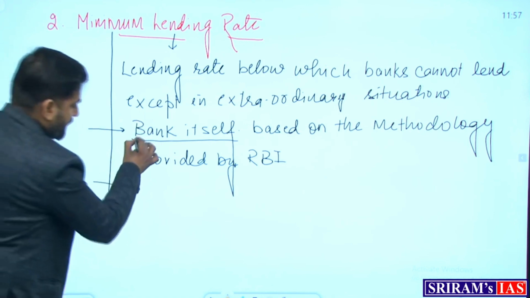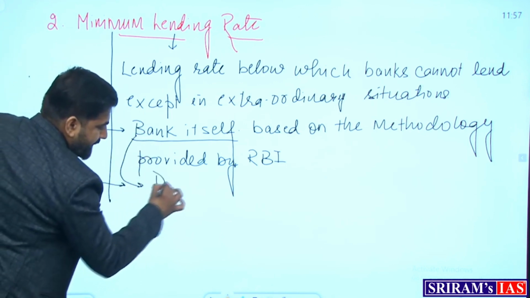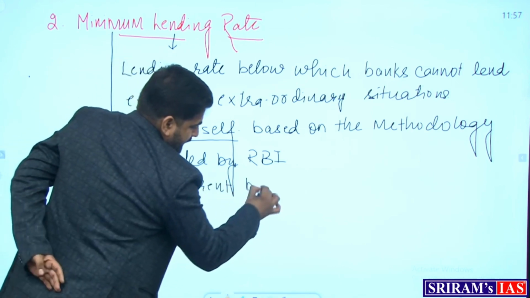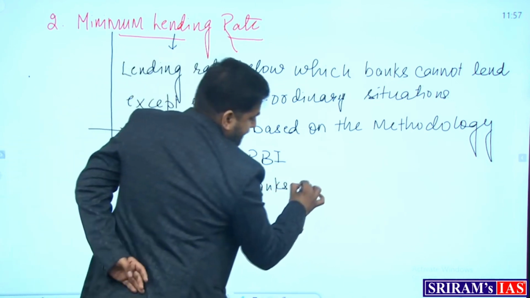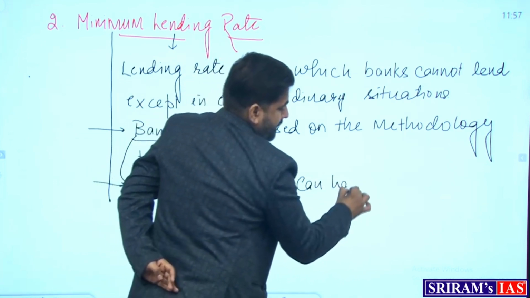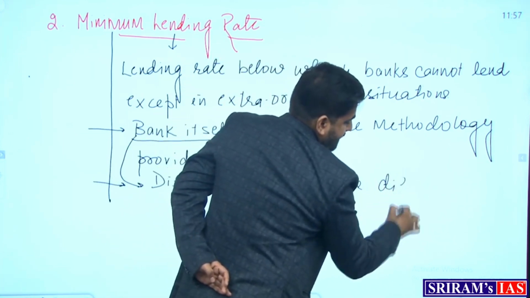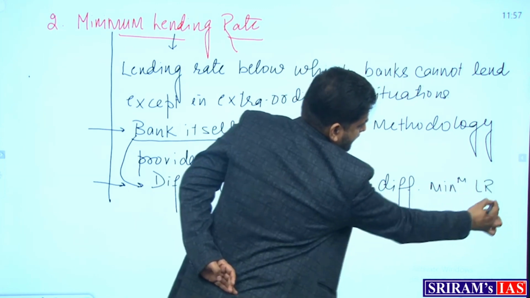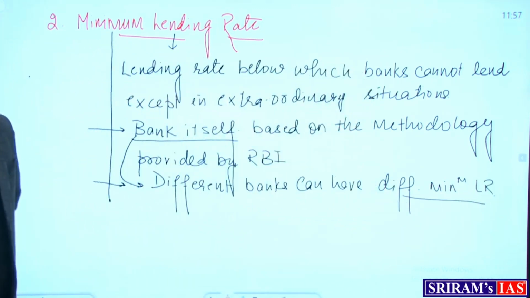So different banks can have different minimum lending rates. Okay?